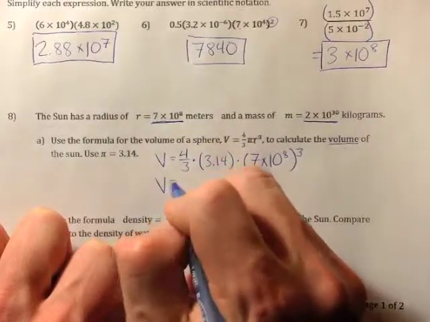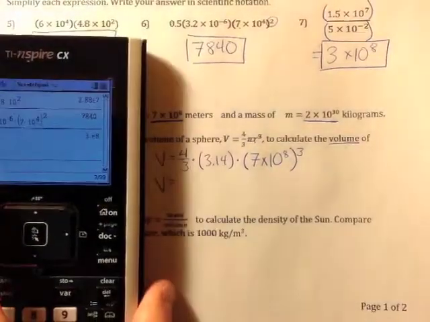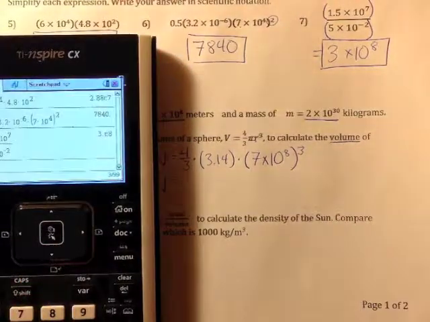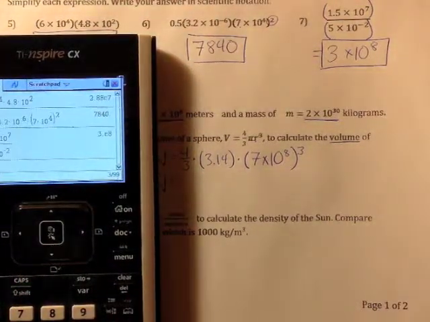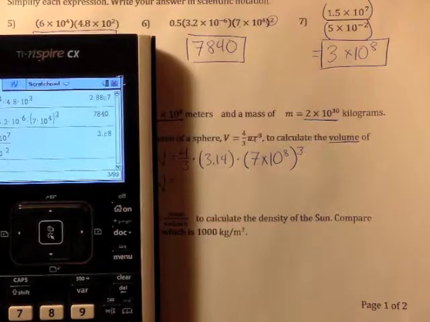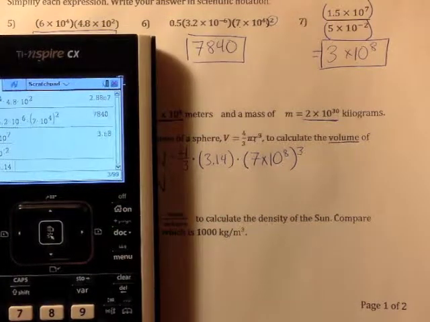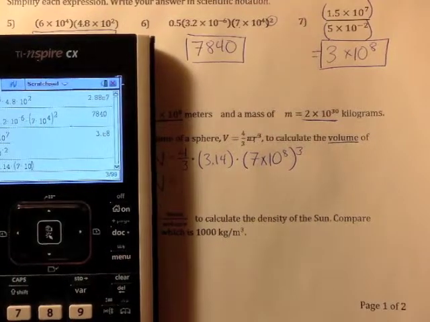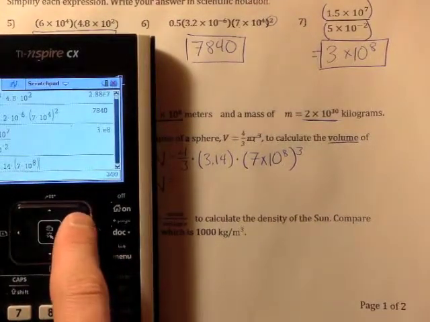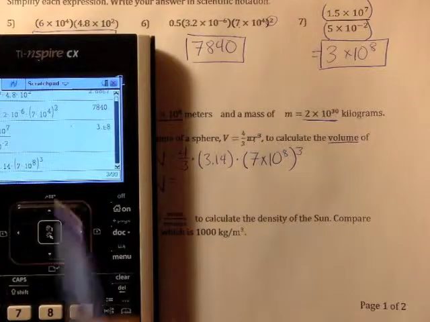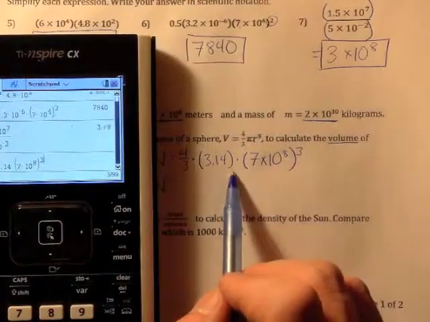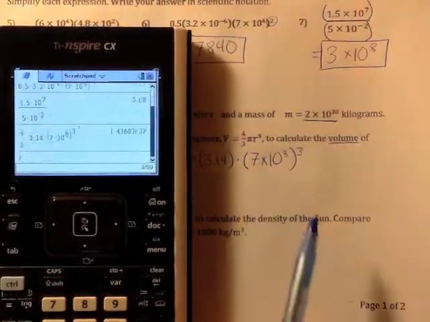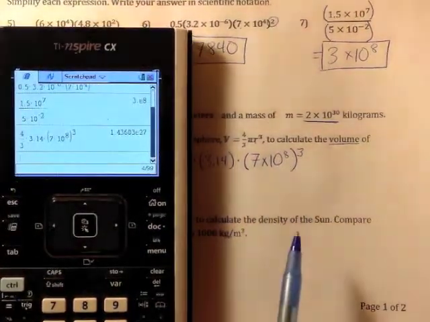Now this is literally all you have to do next, plug it into the calculator correctly. So 4 divided by 3 times 3.14 times, inside of parentheses, 7 times 10 to the 8. Get out of the parentheses and then cube it. Okay, so now that looks identical to what we have here. Enter. Okay, let's take a look at this number.